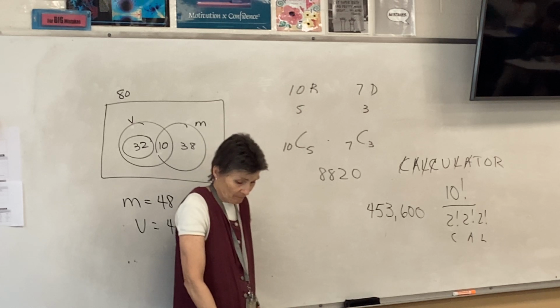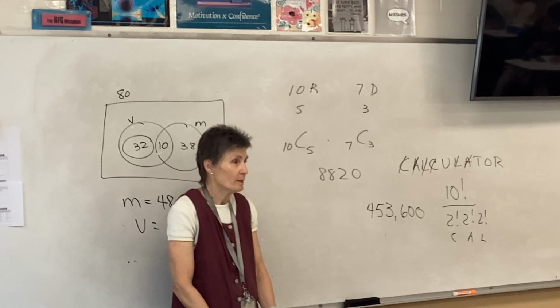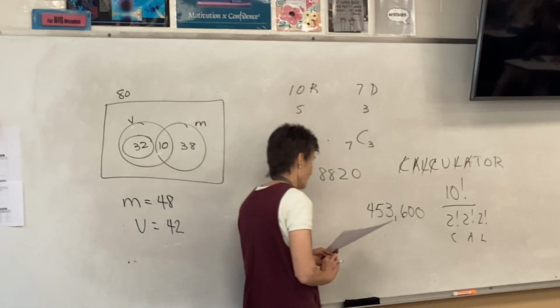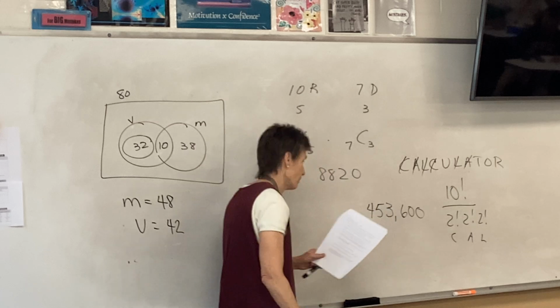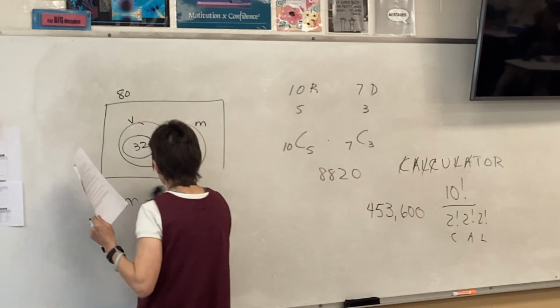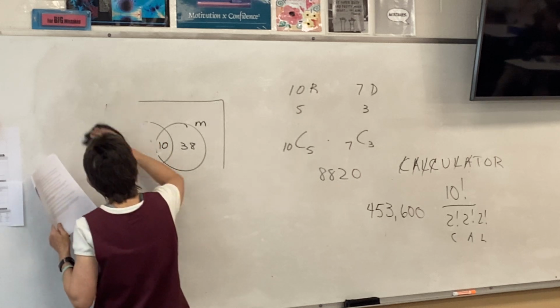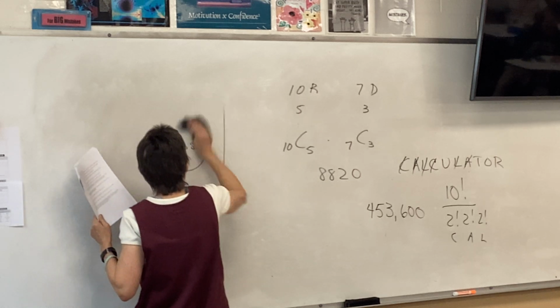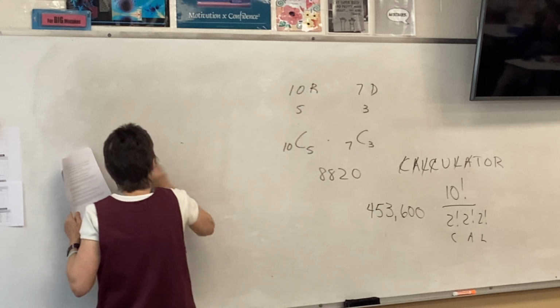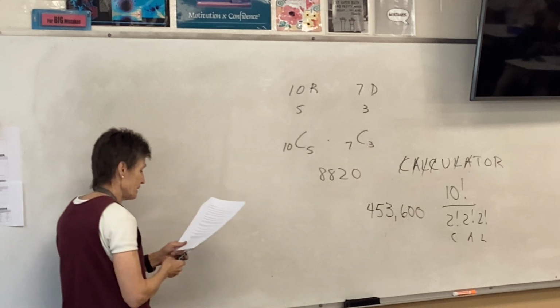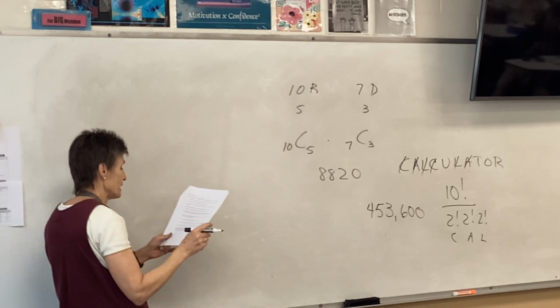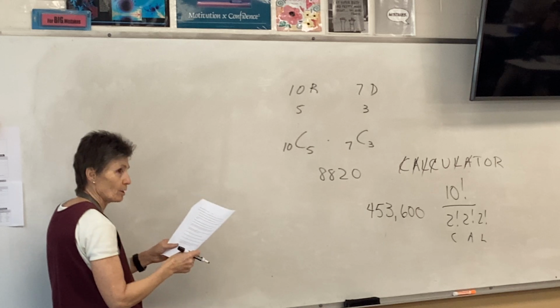Number 11. It's raining and we're doing homework. Tree. That's going to be your tree diagram. And one level is going to be rain and one level is going to be homework. Since the question is, what's the probability that Tim will do homework?